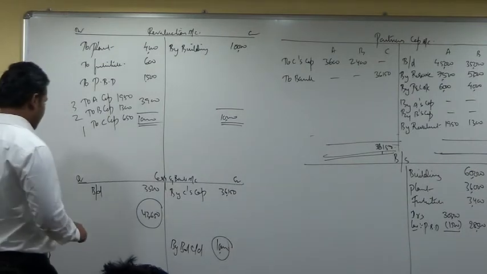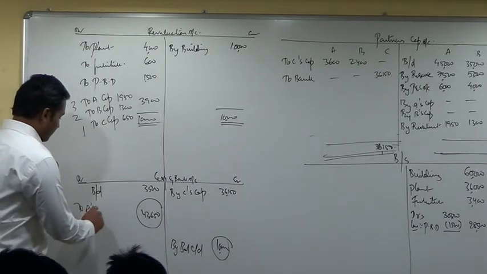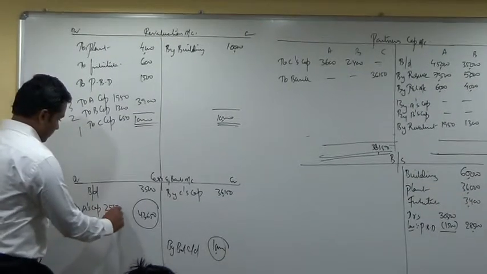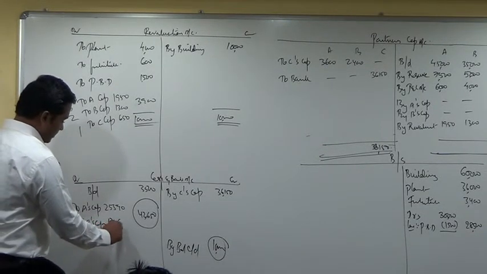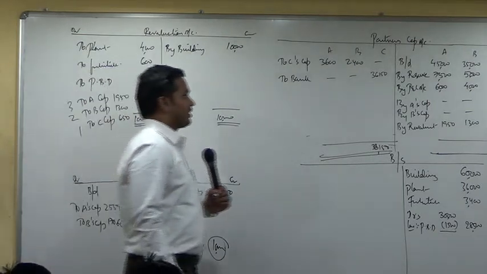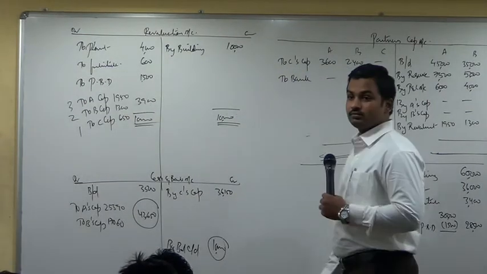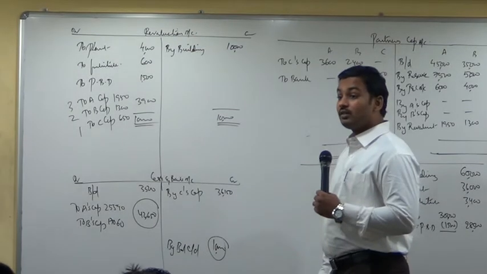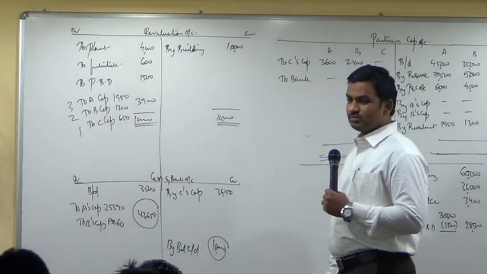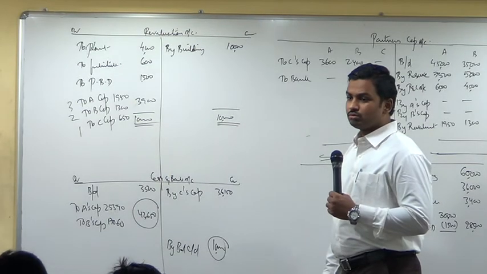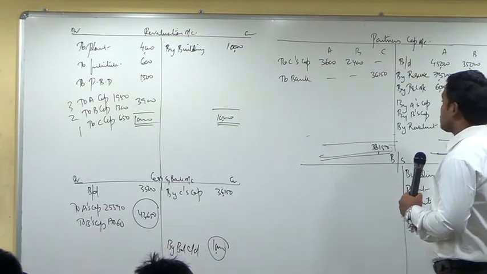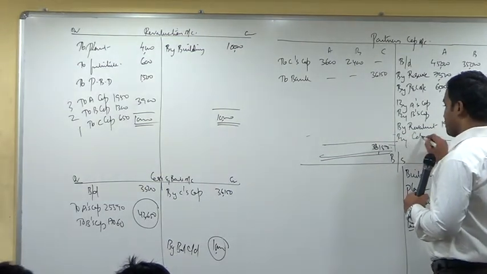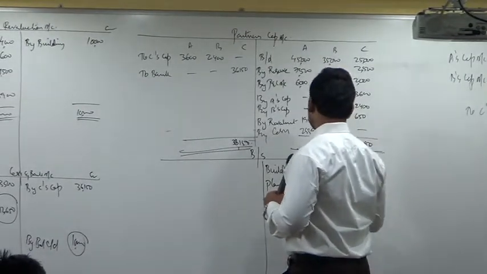How much? 25,590 to A's capital, 17,060 to B's capital. Give credit. In this profit sharing ratio, 3:2, by cash 25,590, 17,060.